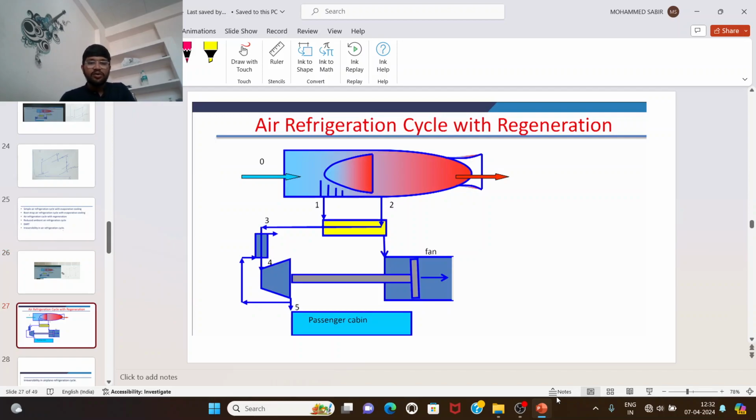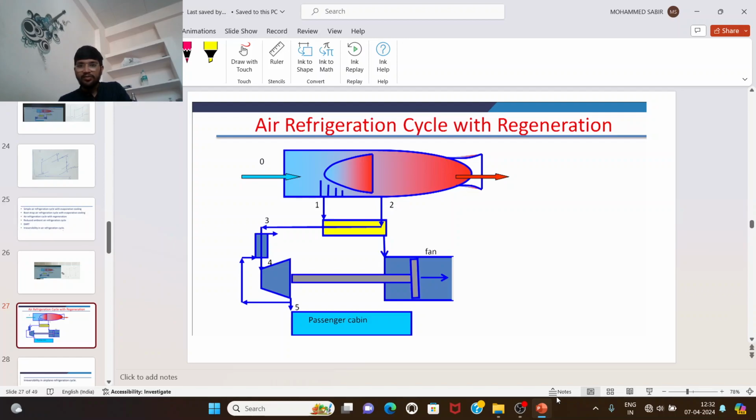Another is the air refrigeration cycle with regeneration. In regeneration, the air which comes from the expansion device, the turbine, is used to cool the air which comes from process 3. At state 3 the air has a high temperature, at state 5 the air has a low temperature.